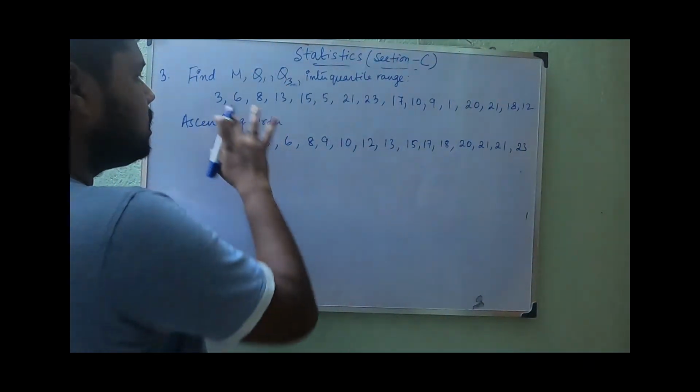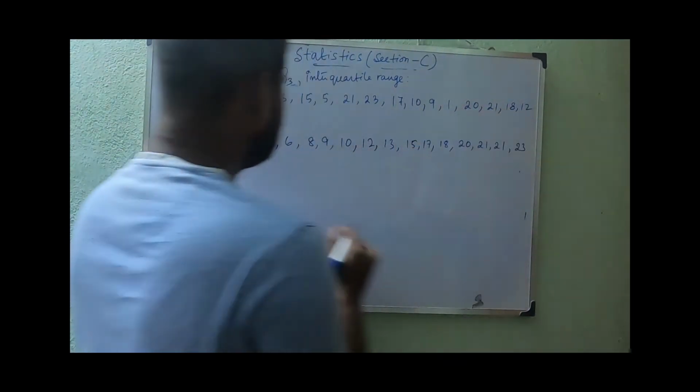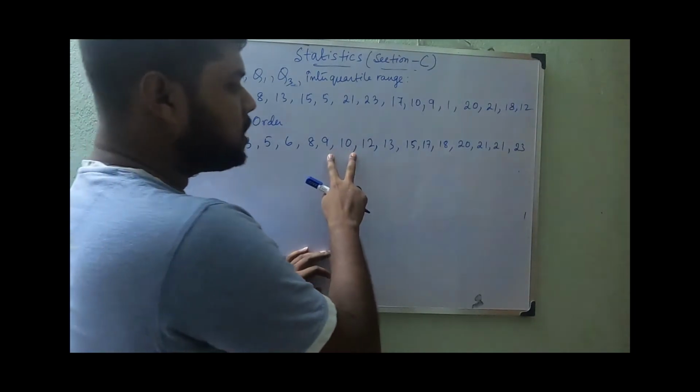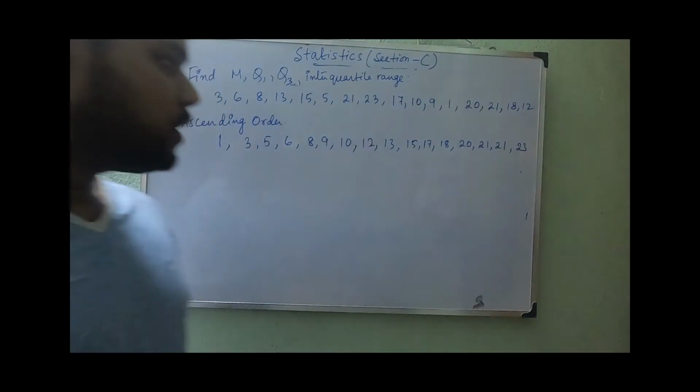So let me check. There are 4, 8, 12, 16. Here also 4, 8, 12, 16. So this is the arranged set of data.